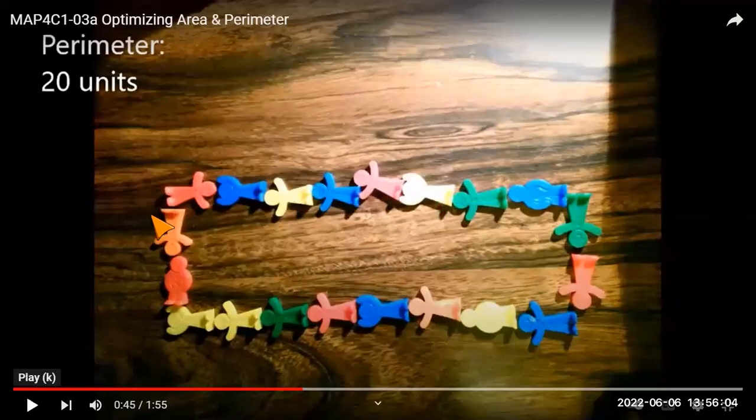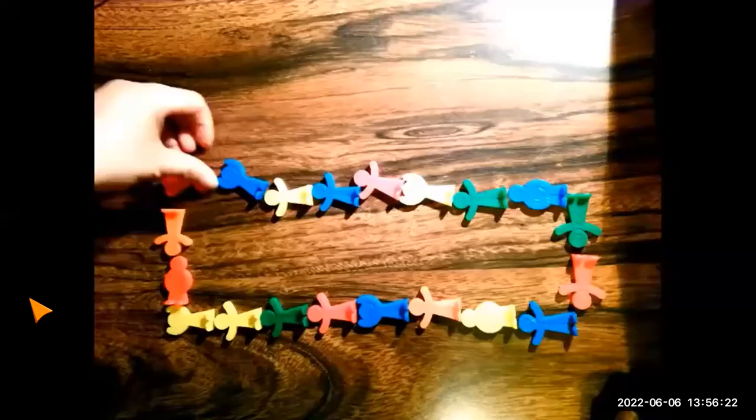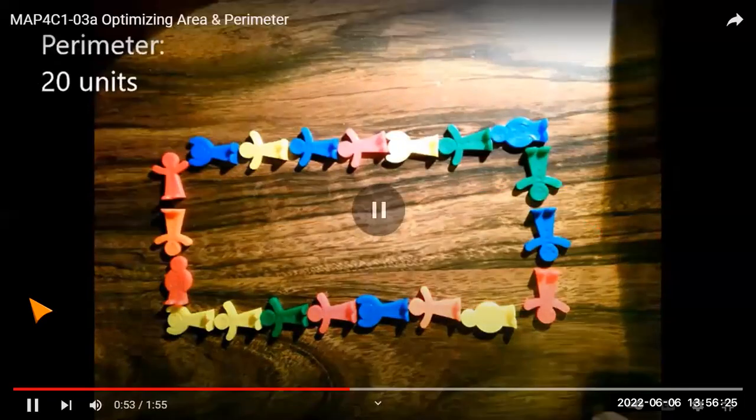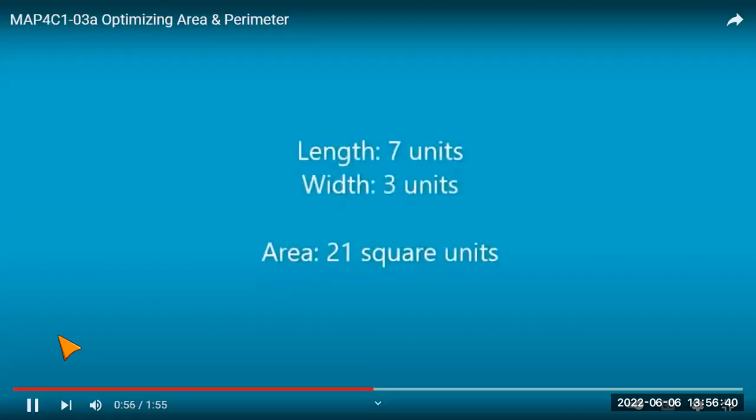Now this one we have 2 as our width and 8 one-meter pieces as our length. Okay, this one, 3 now for our width and 7 for our length. Area is 21 units.